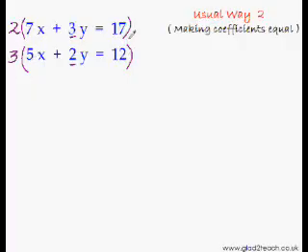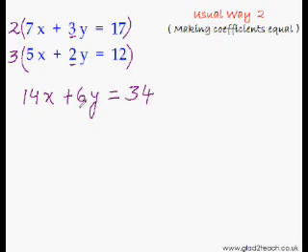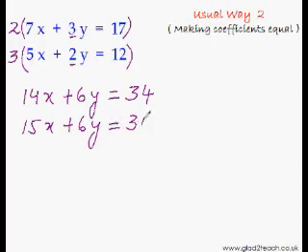Now just simplify it. 2 times 7x would be 14x, 2 times 3y would be 6y, and 2 times 17 would be 34. Similarly, 3 times 5x would be 15x, 3 times 2y would be 6y, and 3 times 12 is 36.